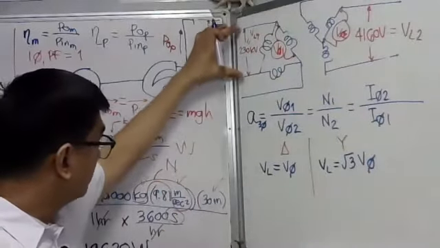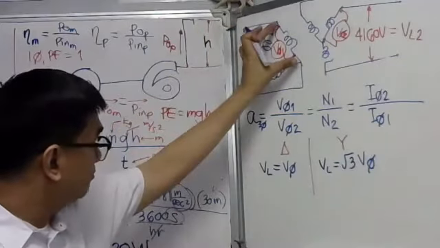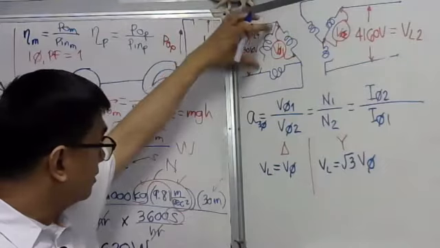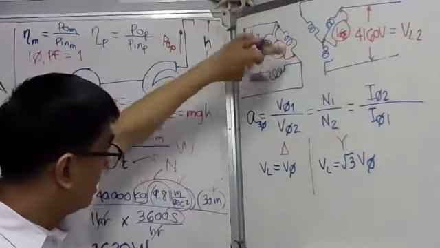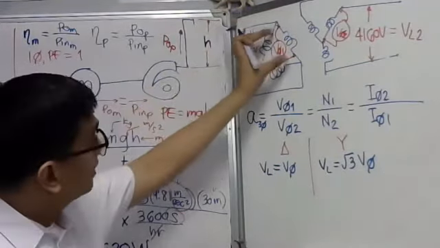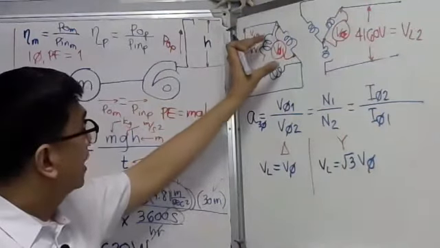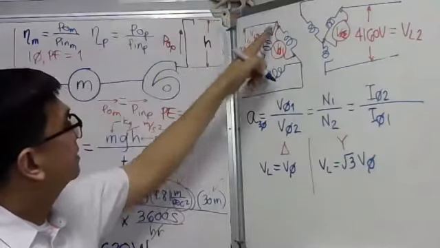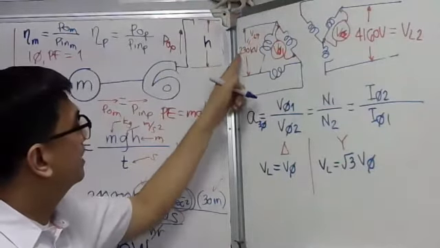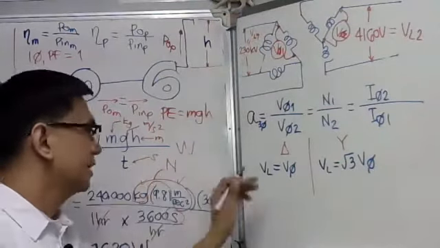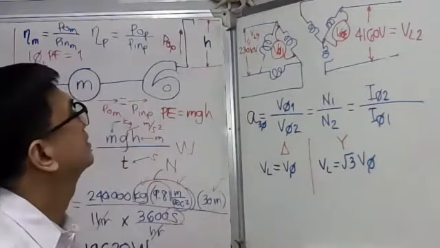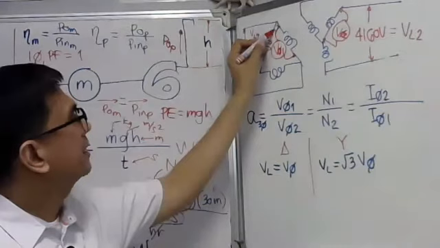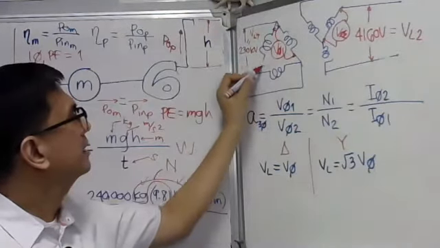If there's a voltmeter here and a voltmeter here, these are just in parallel, equal voltages, assumed to be balanced. The voltmeter in this coil will be in parallel with the line voltage, that's why they are equal.